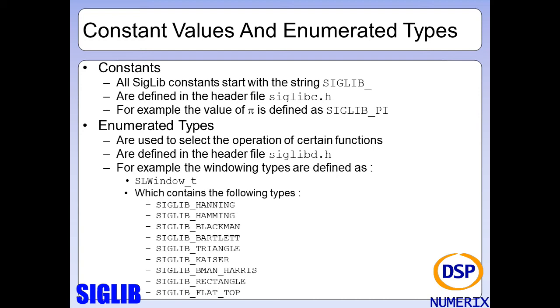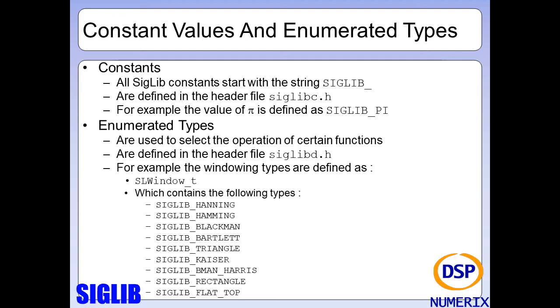In addition to constant values, SigLib also declares a range of enumerated types. These are used as switches within the SigLib functions. Enumerated types are declared in the file siglib_d.h. A good example of an enumerated type is the one that is used for selecting which windowing function you would like to use in your application.